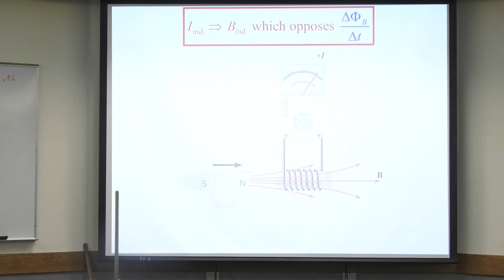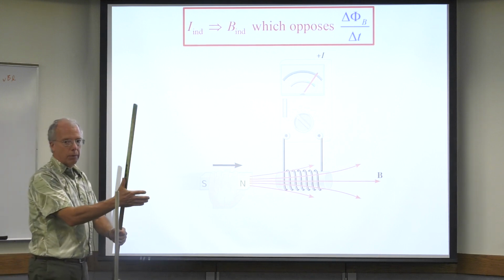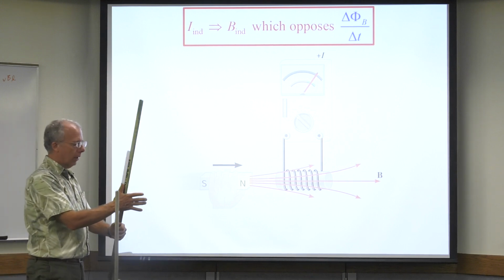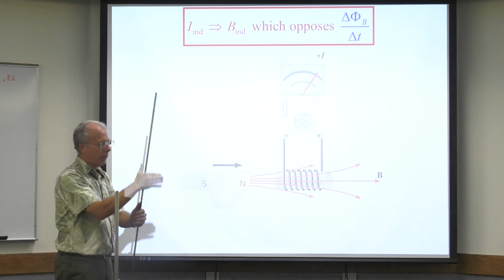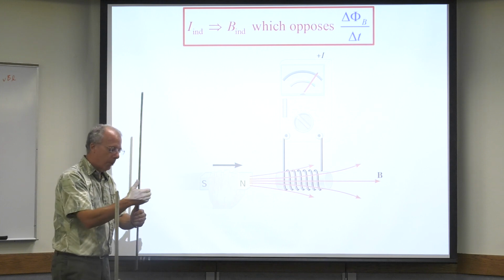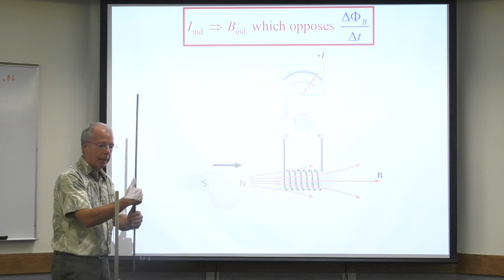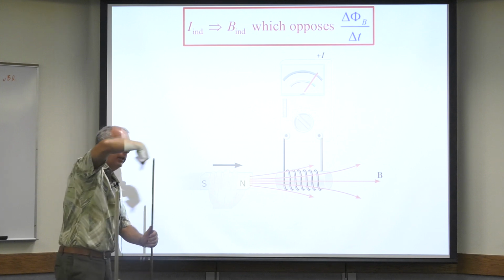Let's say this is a wire. If you grab the wire with your right hand, the current is going in the direction of the thumb. The fingers point in the direction of the magnetic field. So the current's going up, the magnetic field goes like this.